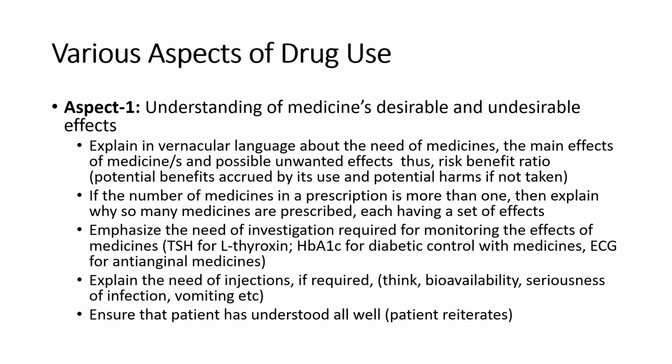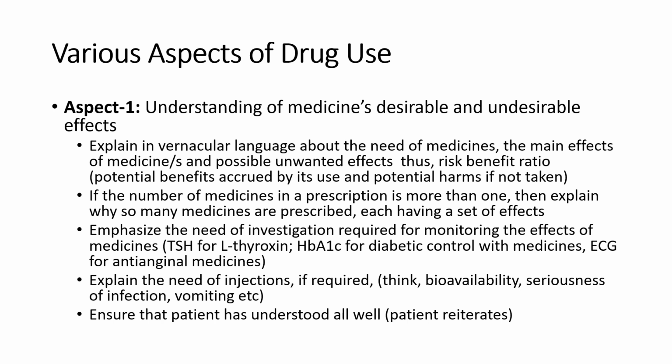So now this is part 1, all aspects of the drug use which are to be communicated to the patient by IMG. Aspect 1, understanding of medicine's desirable and undesirable effects.